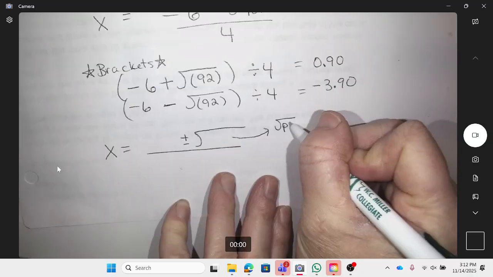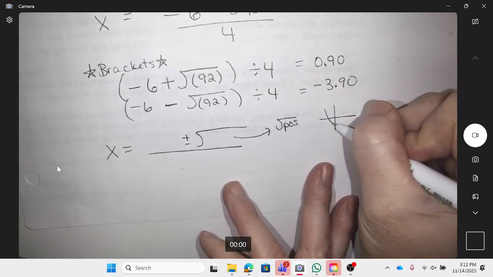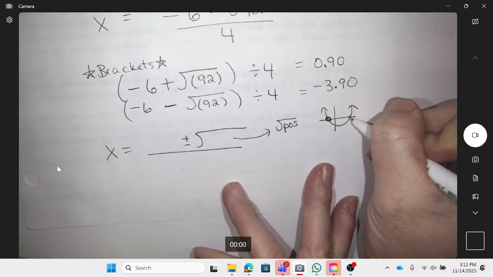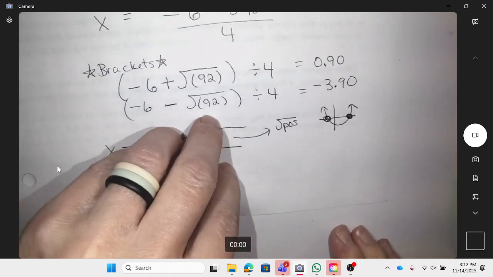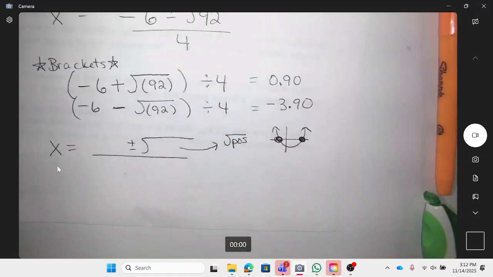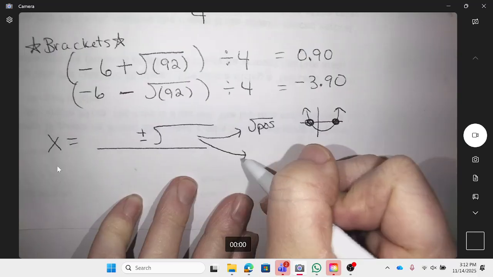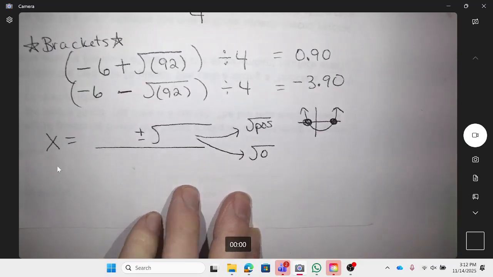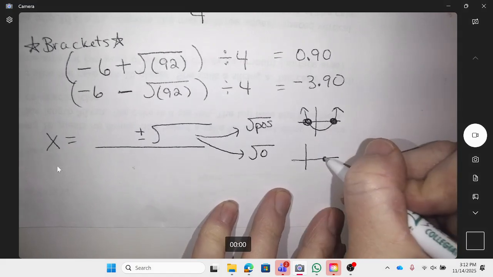If you square root and that number is positive, what does that tell us? Two x-intercepts. If that square root is the square root of 0, what does that tell me?